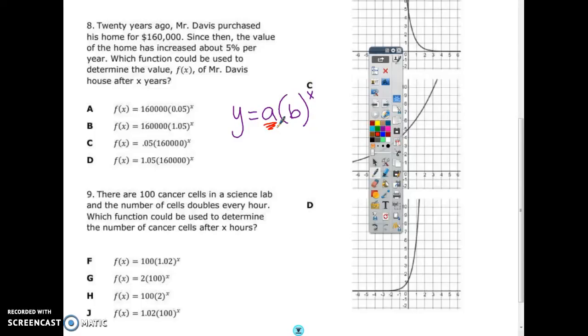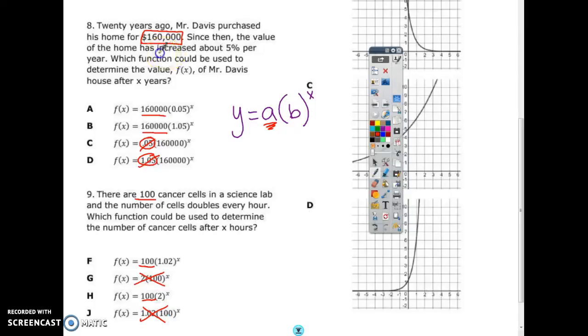So both, we need to be looking for that. So problem number 8, it says that they purchased it for this amount. That means that's what they started with. Not this and not this. Right? And then problem 9, it says that you started with 100. So this one and this one, not these 2. Right? So I already just narrowed it down.